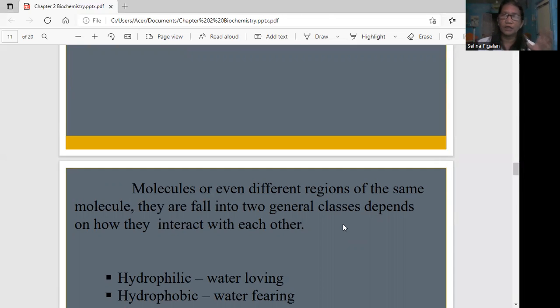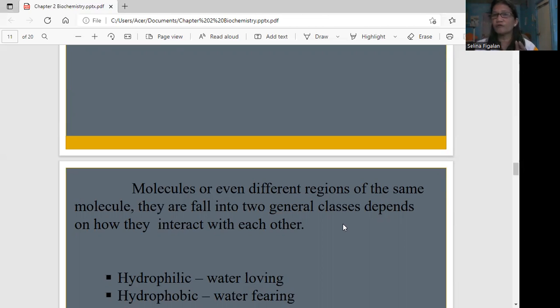In your cell membrane, there is a side na merong hydrophilic and then there is a side which is what you call the hydrophobic. Ito makikita ninyo mamaya, what is polar and non-polar in your cell membrane. When you say hydrophilic, they love water.